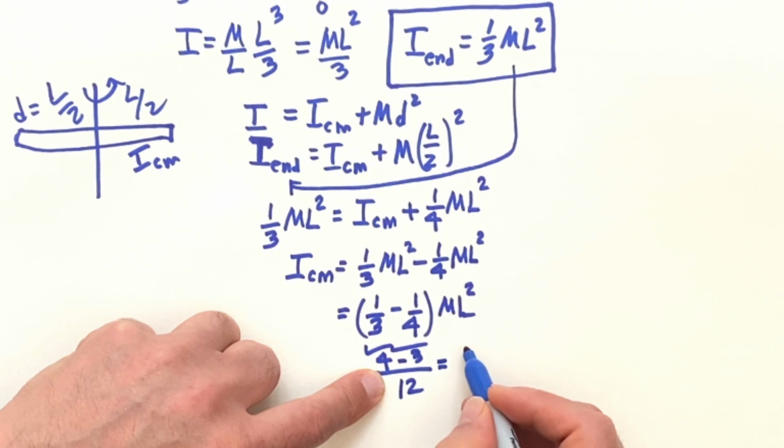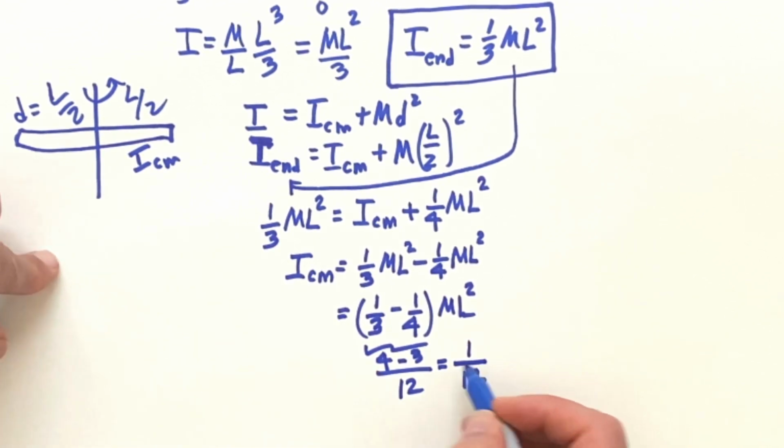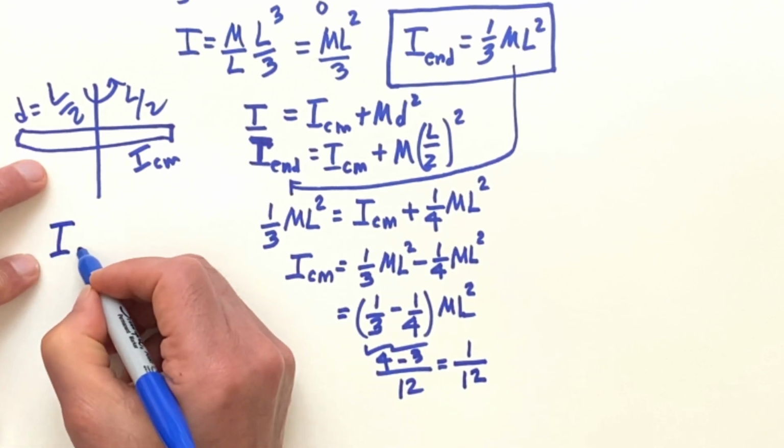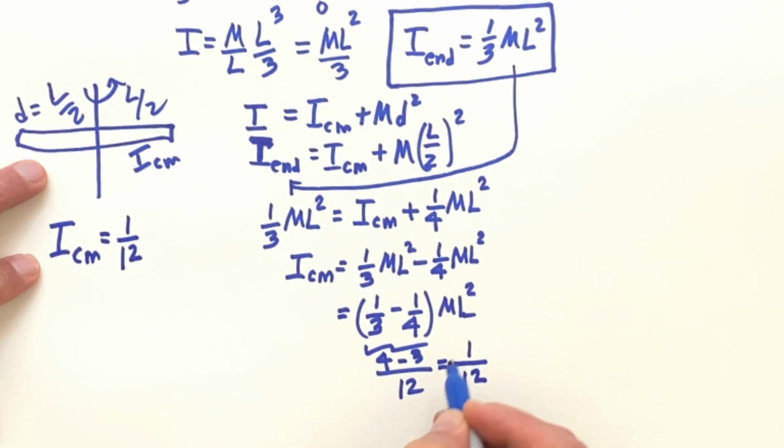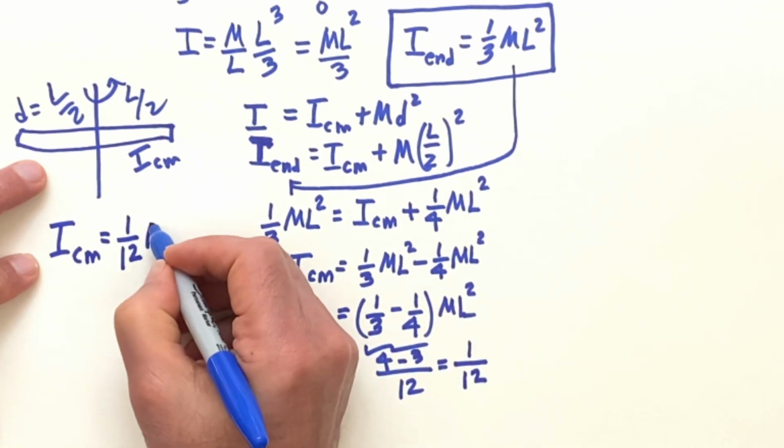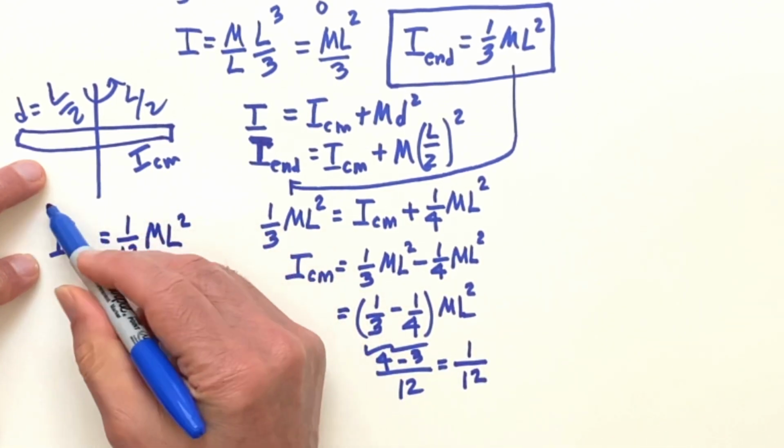So this is going to be 4 minus 3 is 1, over 12. So therefore the center of mass moment of inertia is 1/12 times mL squared.